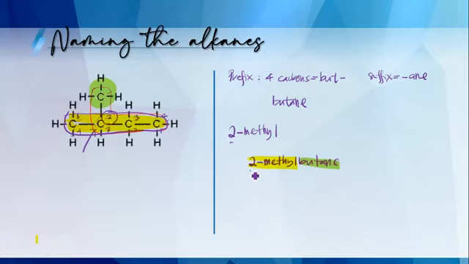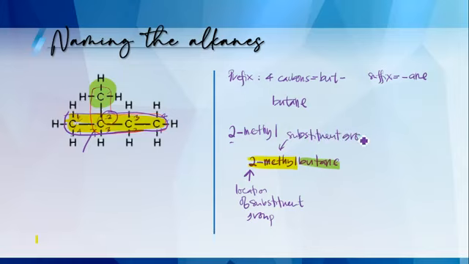And this number represents the location of the substituent group. This is the substituent group, and this one is the carbon chain.